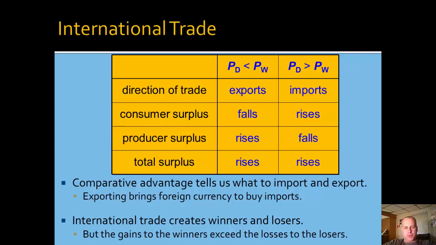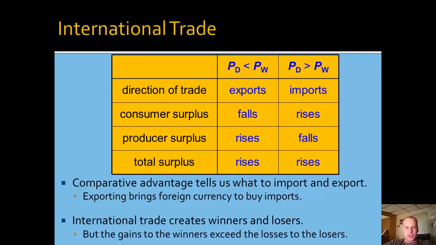There's often much resistance to international trade that comes from concentrated interest groups. There are consumers and especially producers who tend to be concentrated, few individuals that might be very severely hurt by increases in international trade, and those losses are often very apparent.